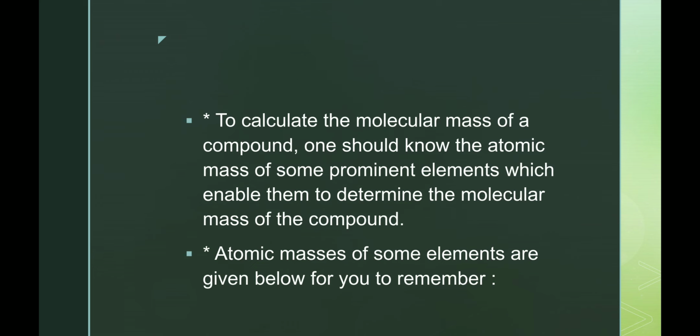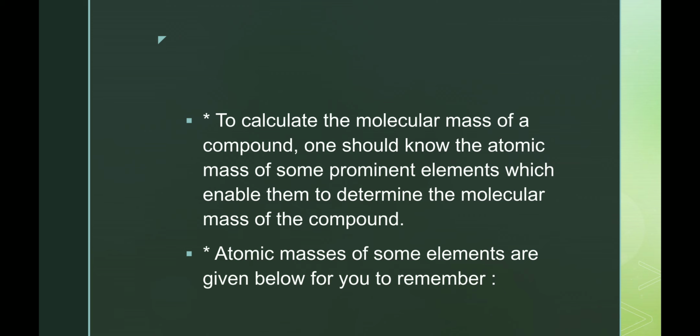In order to calculate the molecular mass of a compound, one should know the atomic mass of some important elements which enable us to determine the molecular mass of the compound. So, we must know the atomic masses of at least some elements.